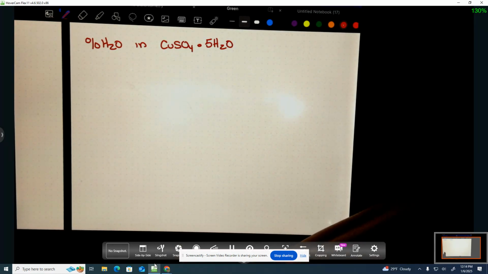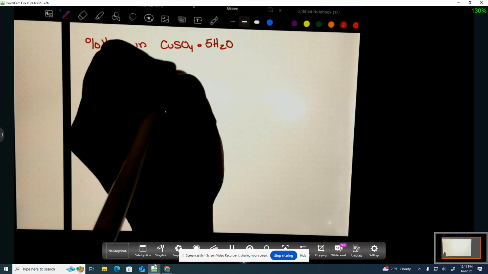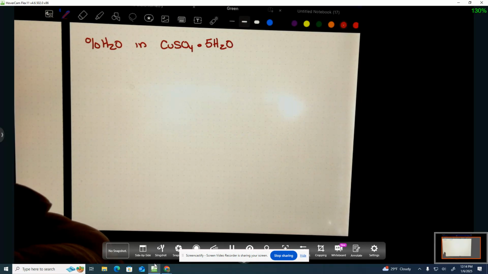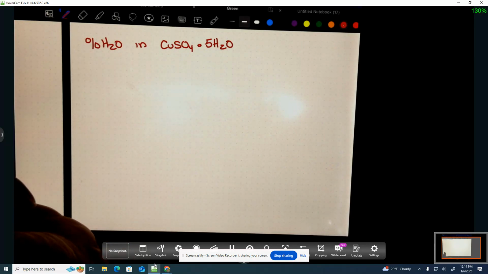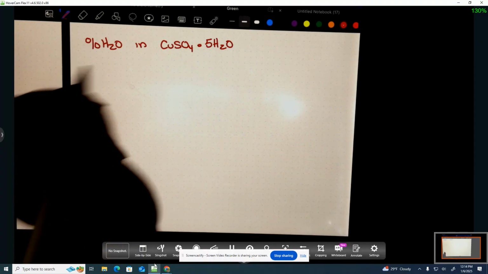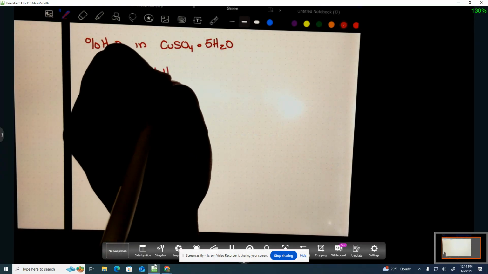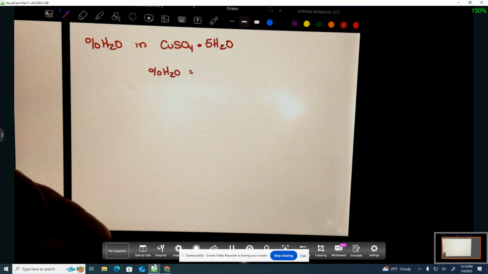How do you find the percent of water? How do you find the percent of anything? Find its gram formula mass. Ultimately we got to find the gram formula mass, right?